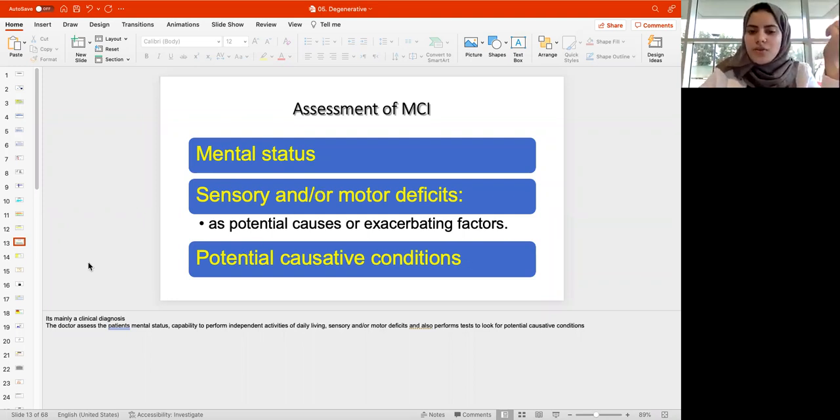Basically, look for potential causative conditions. But overall, as you can see, there's no lab test. There's no imaging that's specific for it. It's all just a clinical diagnosis, meaning it's based on your history and your physical examination. Okay, that's how you diagnose MCI, basically.